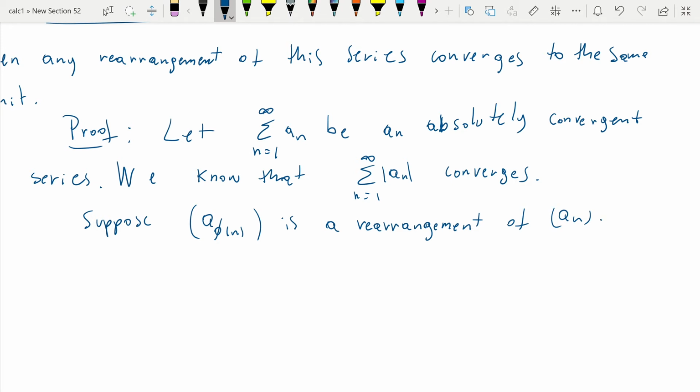Again, in case you forgot, a rearrangement is a bijective function from N to N. So we're just shuffling the terms, so we have the same terms, and we are not counting any term twice.